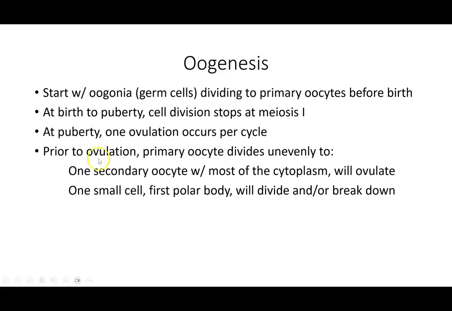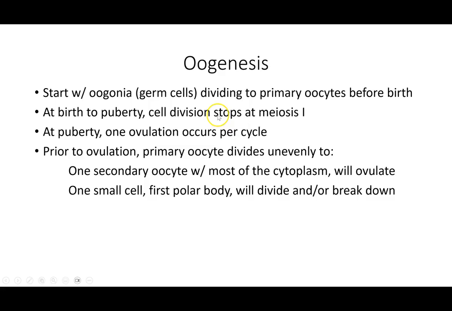So this oogenesis starts with oogonia, or germ cells or stem cells, dividing to primary oocytes before birth. So this process starts during fetal development. Between birth and puberty, these kind of sit at that stage, the primary oocyte.